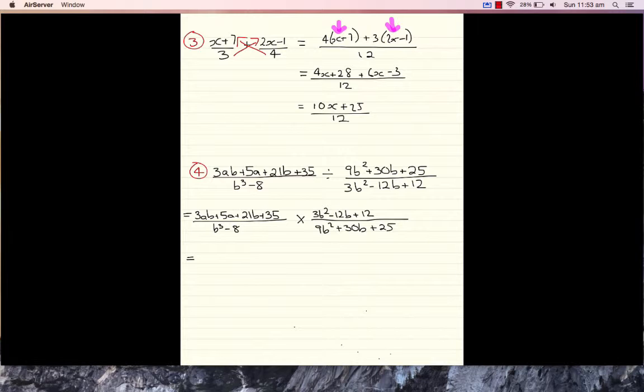Now what we need to do is start factorising. 3ab plus 5a plus 21b plus 35. So 4 terms, we don't have any common factors, so we are going to be grouping in pairs. So 3ab plus 5a has a common factor of a. And 21b plus 35 has got a common factor of 7.